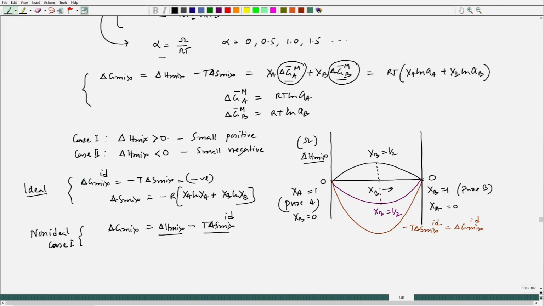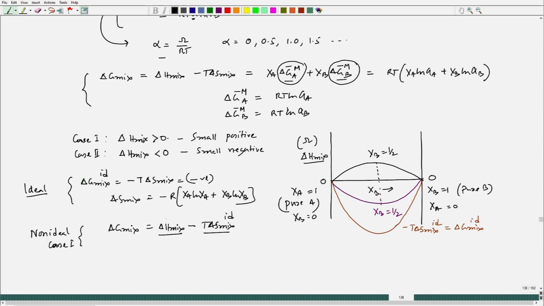So, this minus T del S mix, if you recall, is always helping to have a randomized mixing. But this del H mix, if it is positive, actually prevents randomized mixing over the entire composition range. Rather, it would always try to have similar atoms bonding.